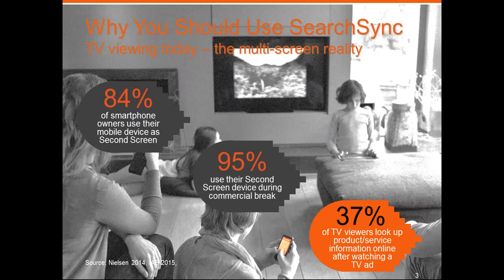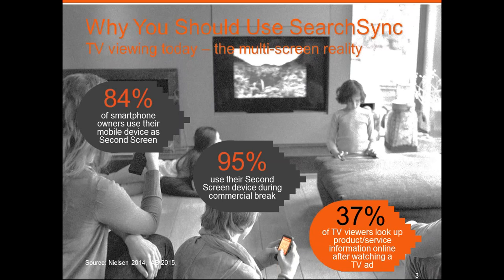So why do you want to use SearchSync? Basically, TV viewing has changed in the last couple of years. Majority of TV viewers are also smartphone users, and they're using their mobile device as a second screen. This is primarily mobile smartphone devices, but to a large extent also desktops, and a fair bit of laptops are used also. But it's primarily smartphone driven.